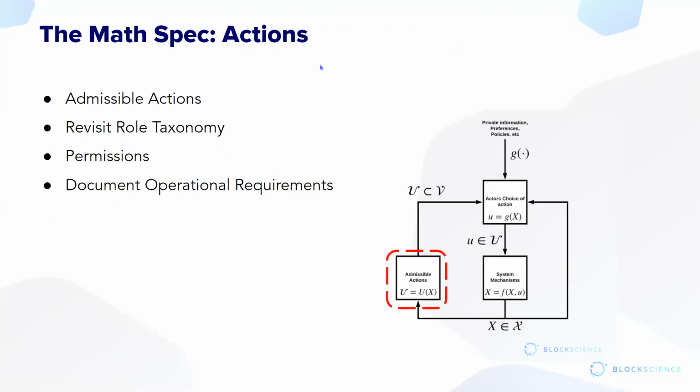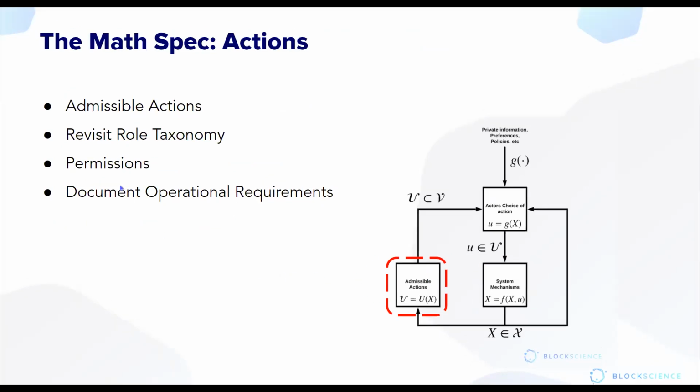Then we have the admissible action space here for the U. In some cases there may be a roughly one-to-one mapping, where the action is roughly the mechanism. In this case, that isn't so. Say we have a system with a set of control processes or control policies that are part of the mechanisms, where a user wasn't necessarily making those actions.